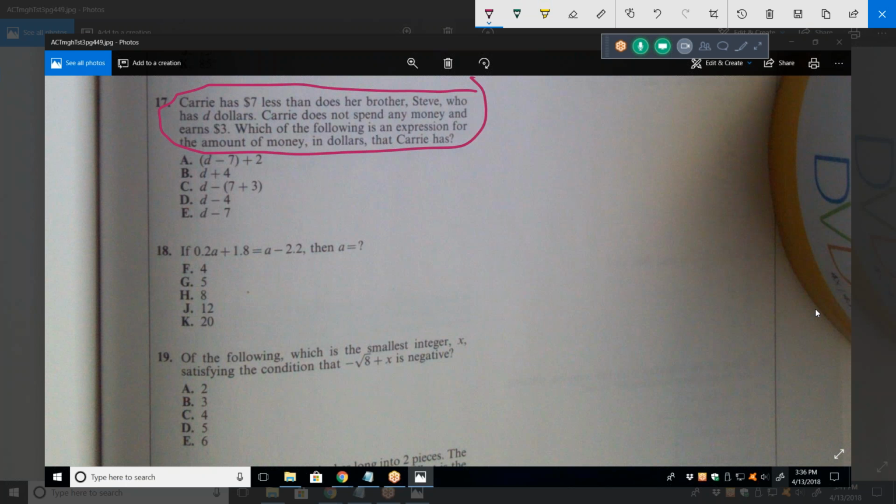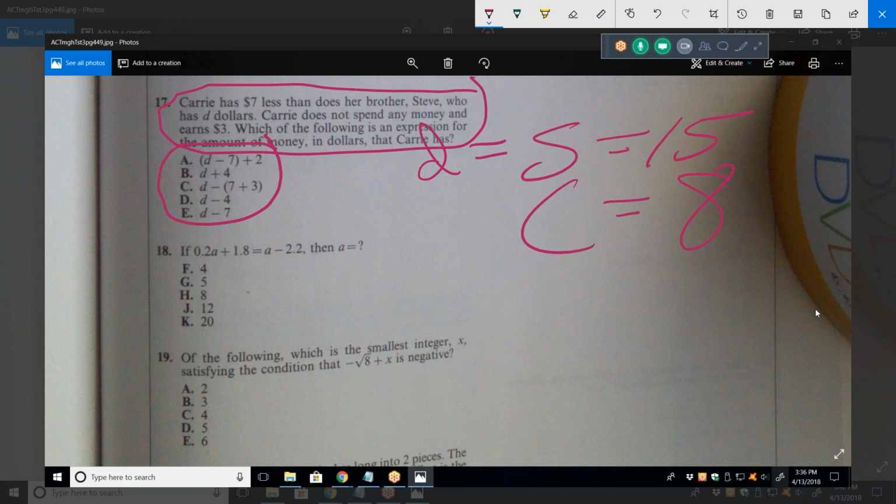If I said Steve has 15, how much does Carrie have? Eight. Okay. And now I'm looking for which answer is equal to 8 given a D of 15.